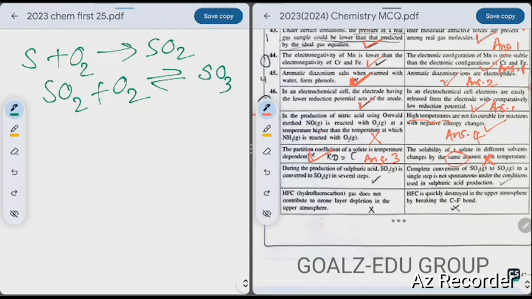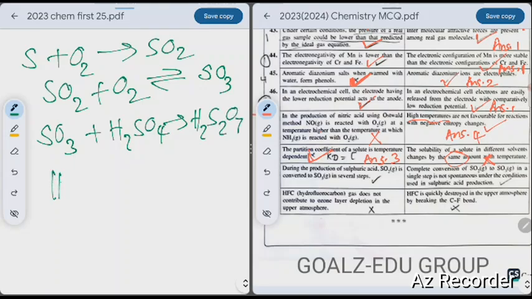Then SO3 reacts with H2SO4 to give oleum, H2S2O7, and H2S2O7 with water gives H2SO4.